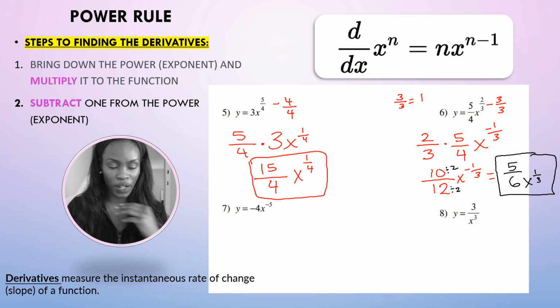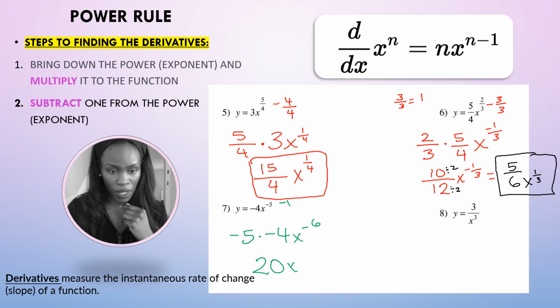And all right, let's do number 7. All right, so I'm going to multiply -5. I'm going to bring it down and multiply it by the -4. And then I'm going to subtract 1 from -5, which will give me -6. -5 times -4 is 20, and this would be x to the -6.